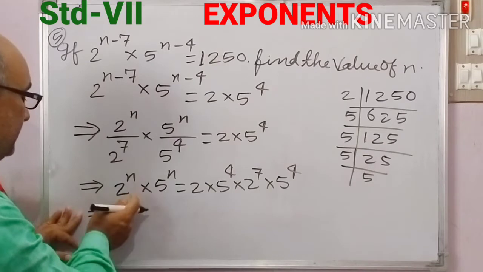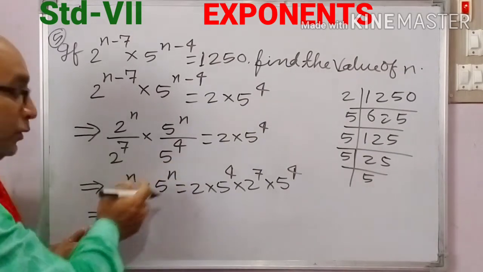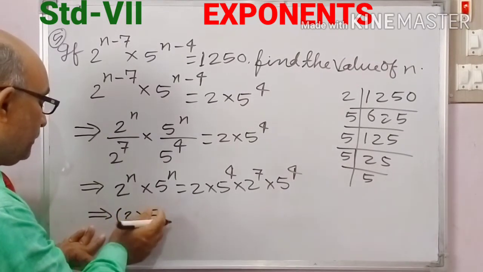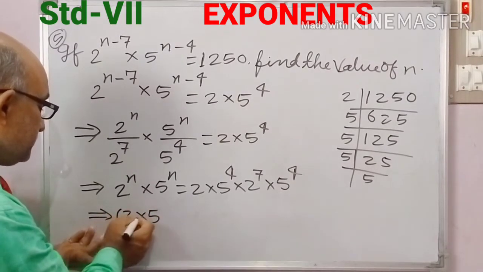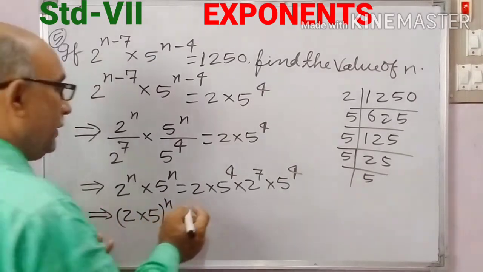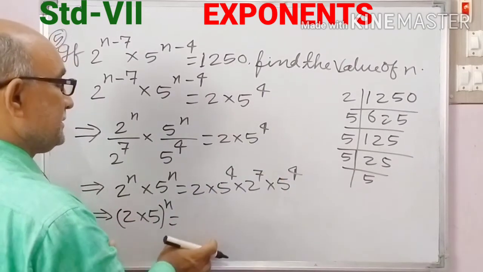That implies a^m into b^m equals (a into b)^m.